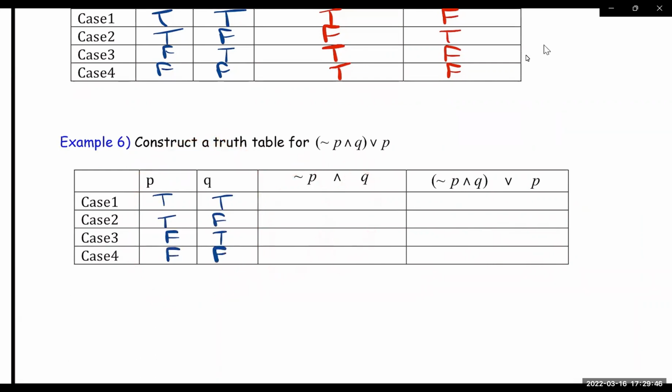Maybe it's helpful if you just do one thing at a time. So let's just do this. What would be the not P for the first one? False. Yeah, you just change that to the opposite. So false, and then for the next one, false.